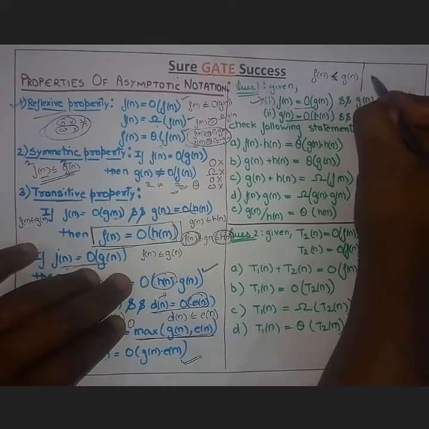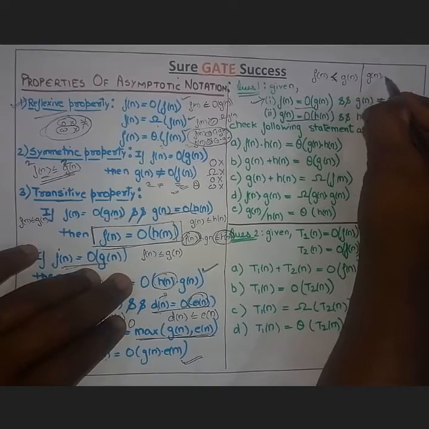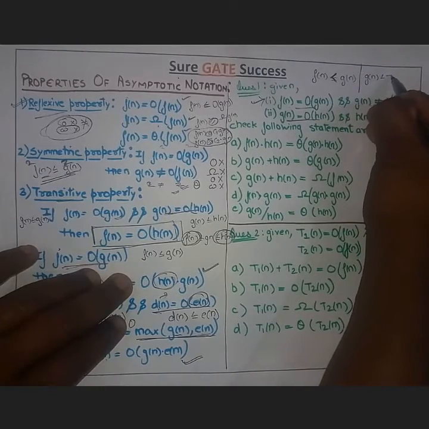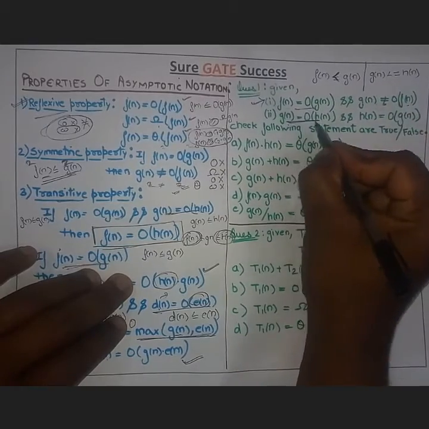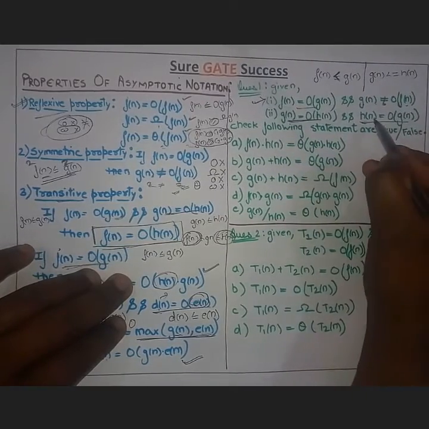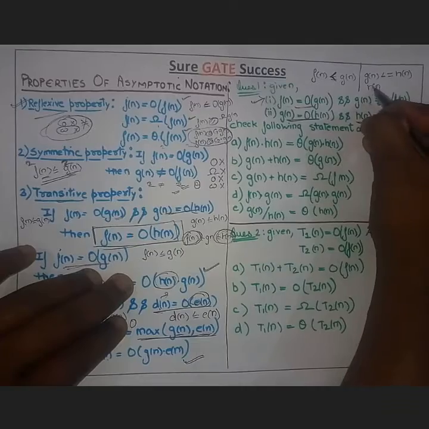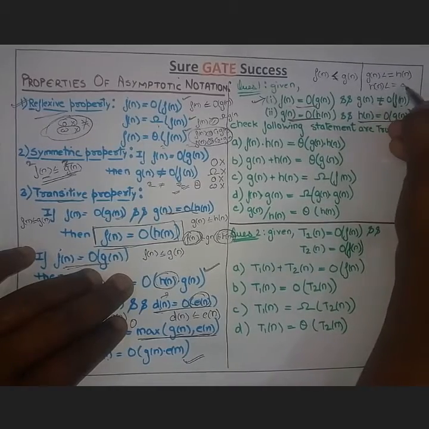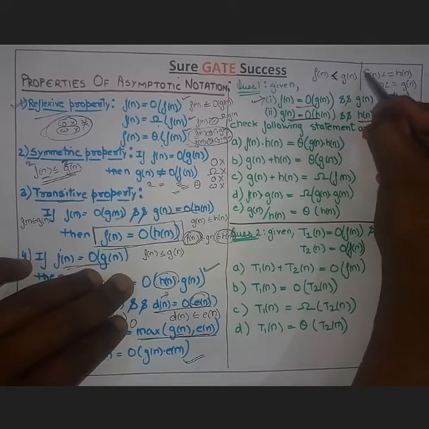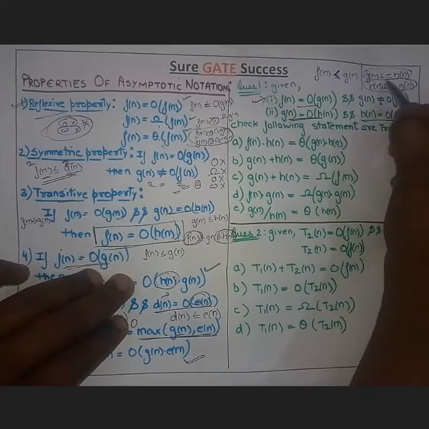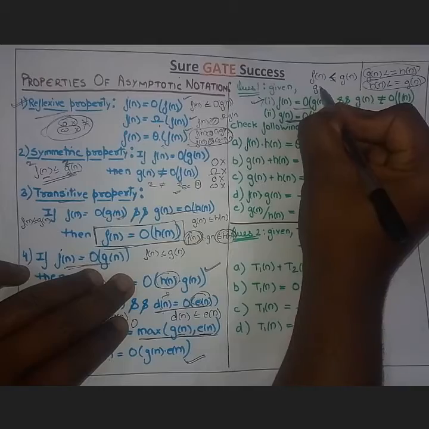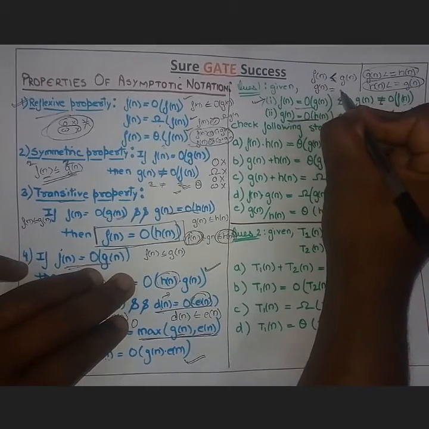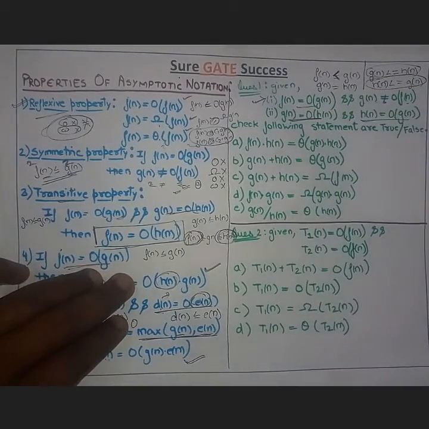So from the second one, g(n) is less than or equal to h(n), and from this, h(n) is less than or equal to g(n). From these two, we can conclude that g(n) is equal to h(n), isn't it?